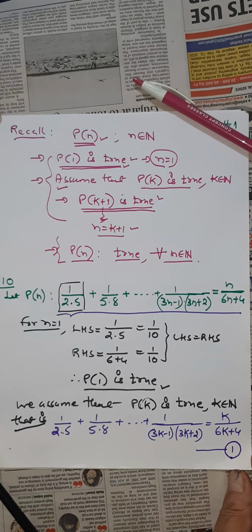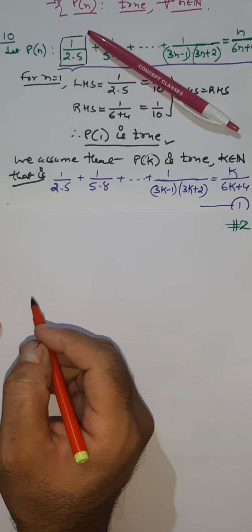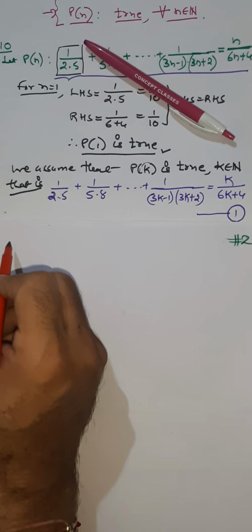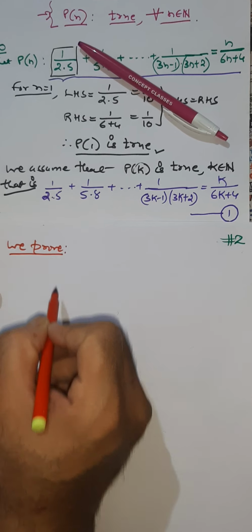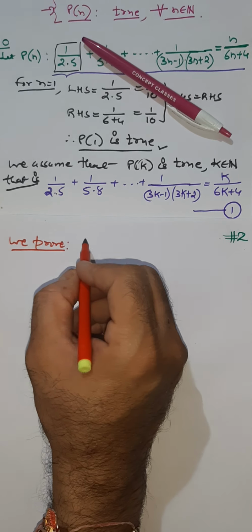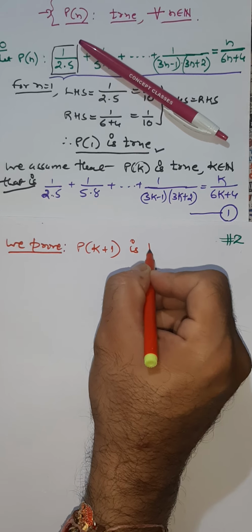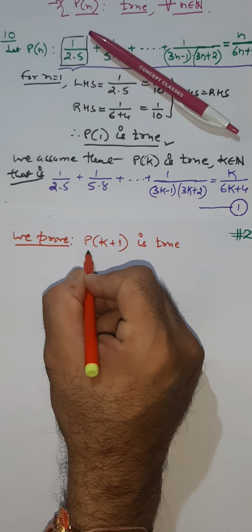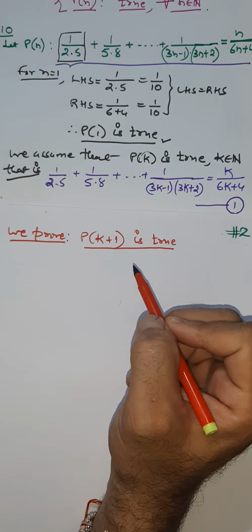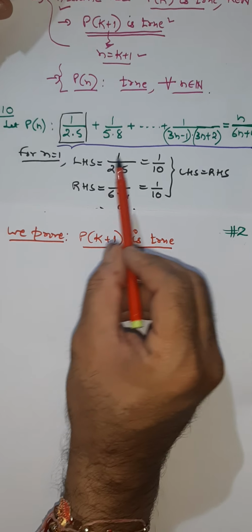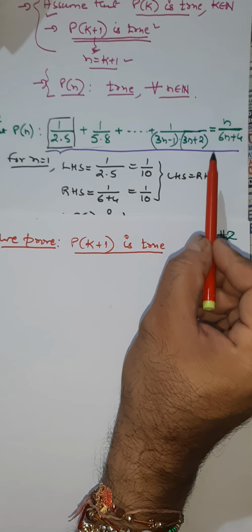Now we go to P of k plus 1. So now the most important part is we prove P of k plus 1 is true. We want to show this. What's the meaning of this? In the given statement here, instead of n you put k plus 1, and from LHS you get RHS.